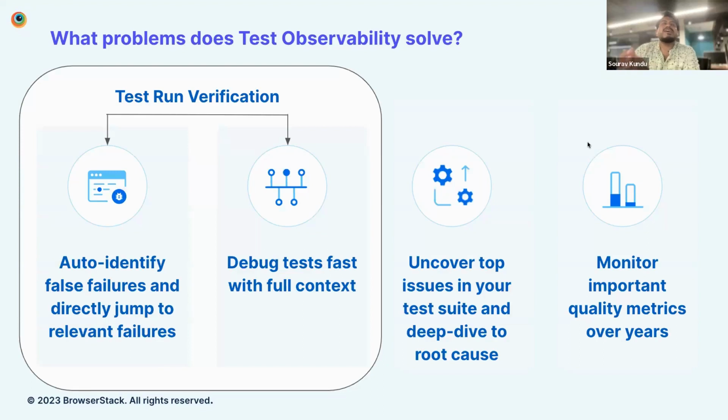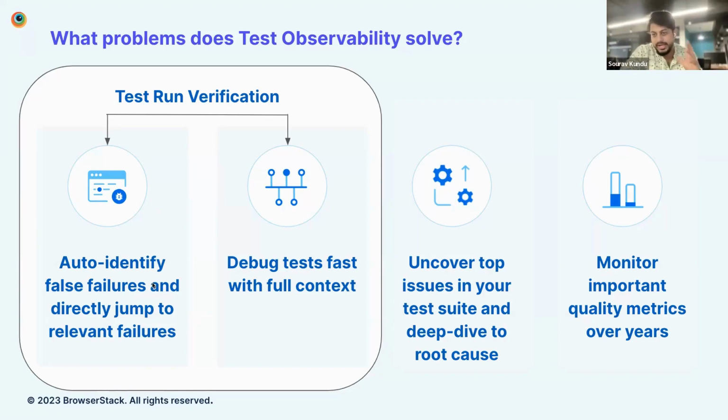So let me talk about, since I have now introduced what observability is and what problems we are solving, I will go deeper into exactly what we are solving. The first piece that test observability solves is test run verification. And within test run verification, there are two buckets.